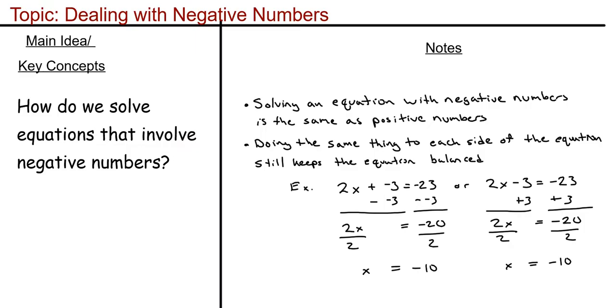Okay, let's go to our summary. So how do we solve equations that involve negative numbers? Solving equations with negative numbers is the same as positive numbers. Doing the same thing to each side of the equation still keeps the equation balanced. So here's an example from our lesson today.